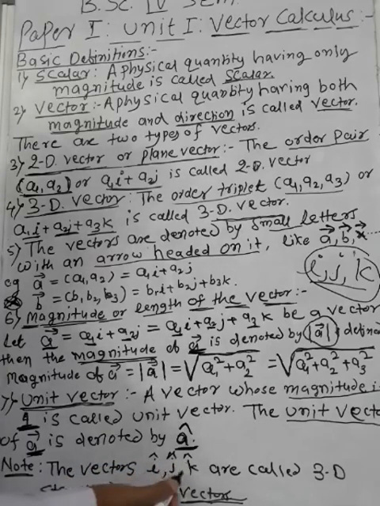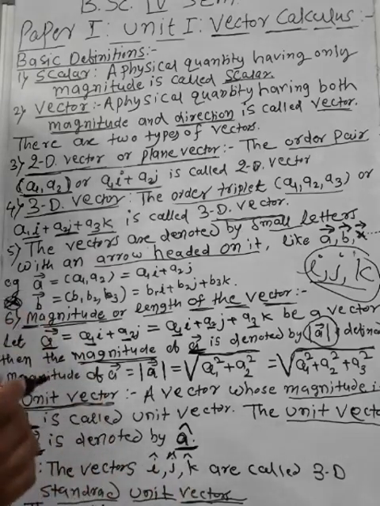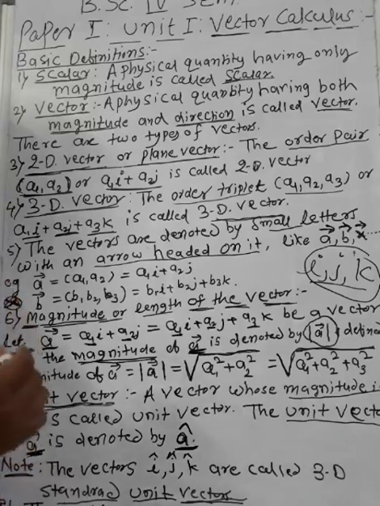These unit vectors give the directions along which that component or vector lies.